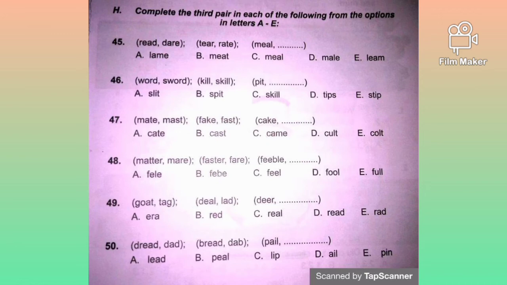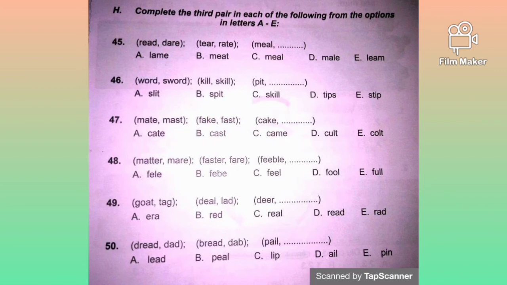All right, the next one we have mate and we have mast. Okay, so let's see what they did. MATE and the next one is MAST. So what they did was to add an ST to the MA. So let's see what they did in the other one. We have fake and fast.